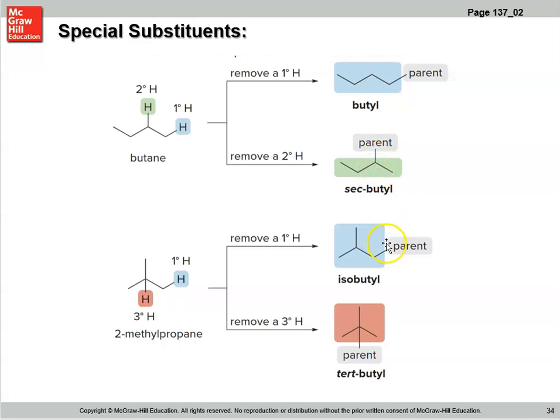And if we are at the end and it has the isopropyl group, but there's another carbon here, this is called the isobutyl. And finally, there's a tert-butyl, which sounds pretty funny, but that's because it's a tertiary carbon it's attached to. It's that middle carbon that's attached to 3 other carbons, so it's called a tert-butyl.